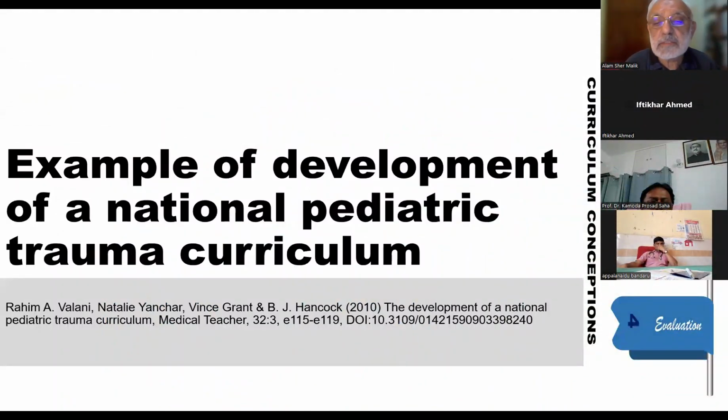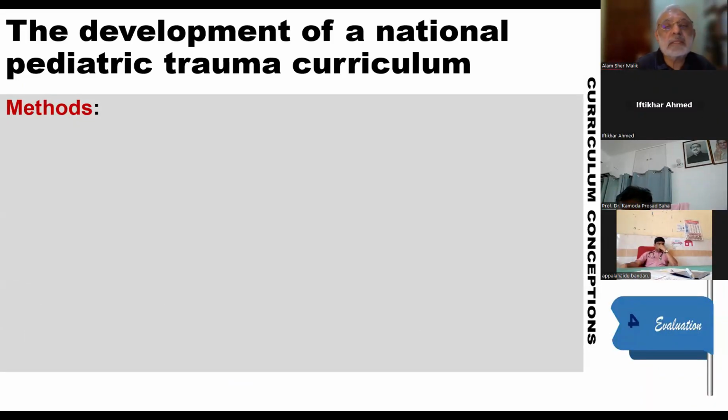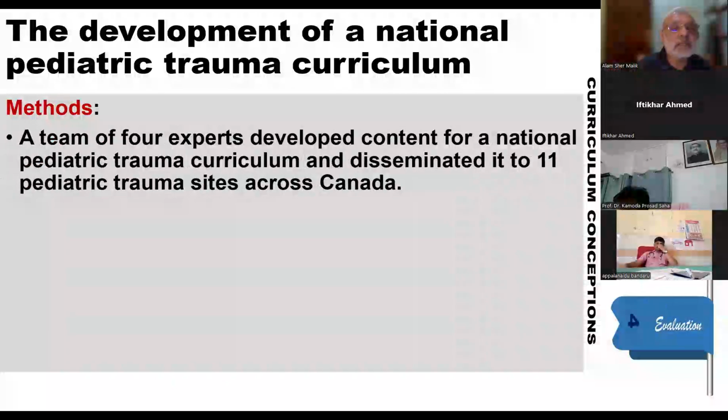So just a few examples of development of a national curriculum. Here is an example of the National Pediatric Trauma curriculum, an example from Canada, I think. The method was that a team of 4 experts developed content for a national pediatric trauma curriculum, and then disseminated it to 11 pediatric trauma sites across Canada.